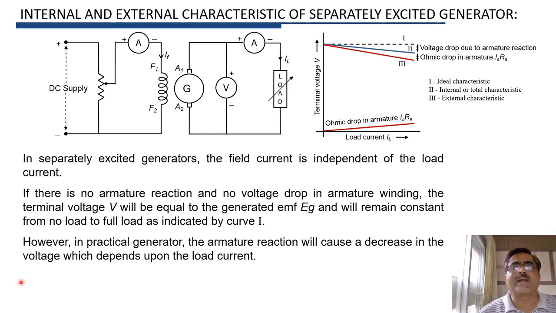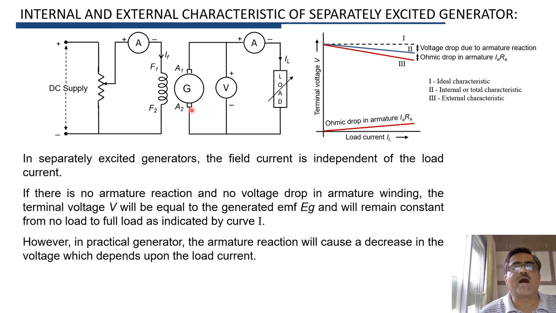However, in a practical generator, whenever the generator is loaded, current flows through armature. So armature also produces flux, and there is effect of armature flux on main flux. We call it armature reaction. Because of armature reaction, there is demagnetization of main flux and there is reduction in voltage.